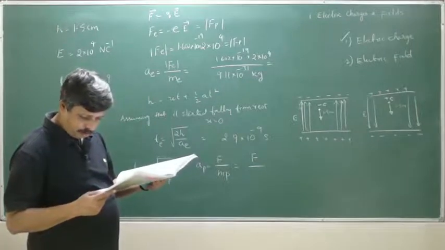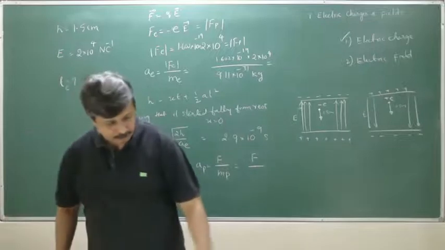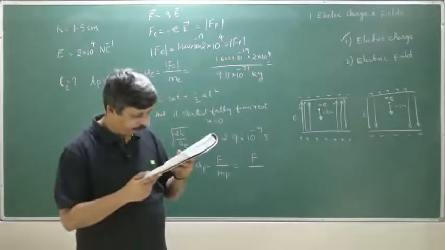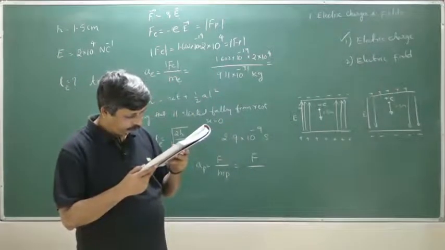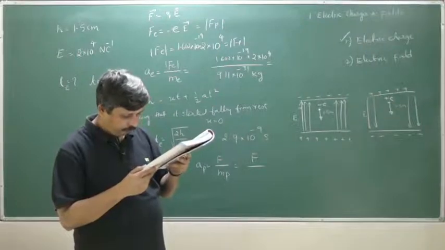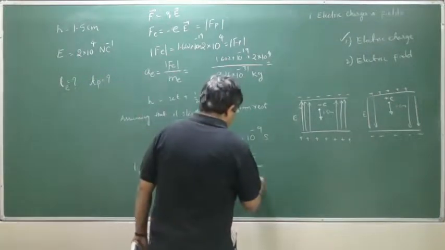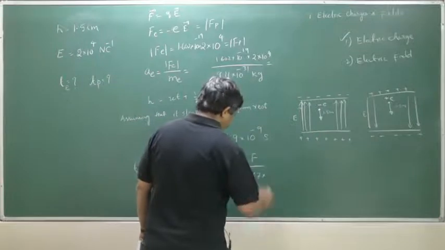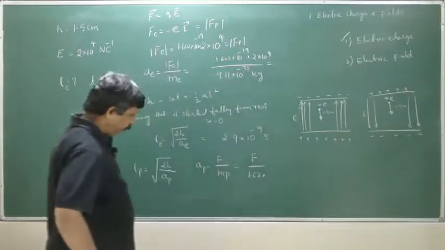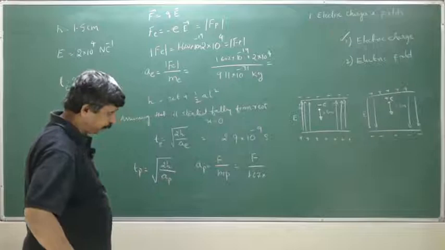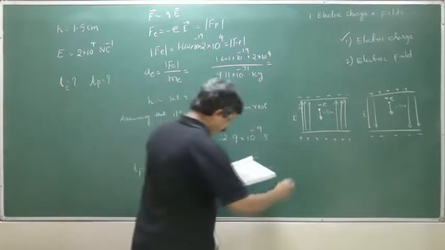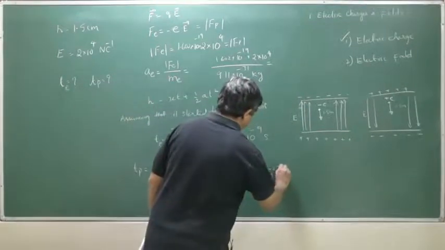So let me just check the mass of the proton for you. It is 1.67 into 10 to the power of minus 27 kg.